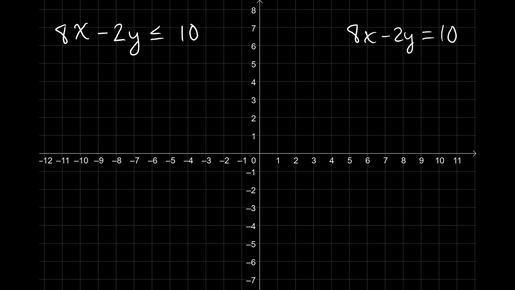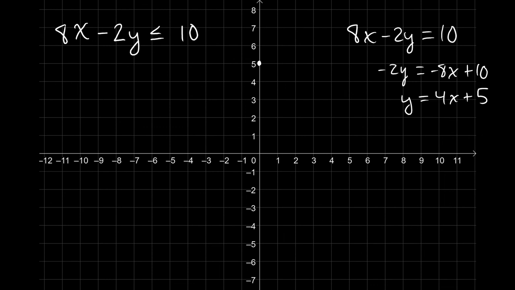I'll isolate y by subtracting 8x from both sides, so negative 2y is equal to negative 8x plus 10. Then if I divide both sides by negative 2, I get that y is equal to 4x plus the number 5. So that's my boundary, and I can see that I've got a y-intercept at 5.